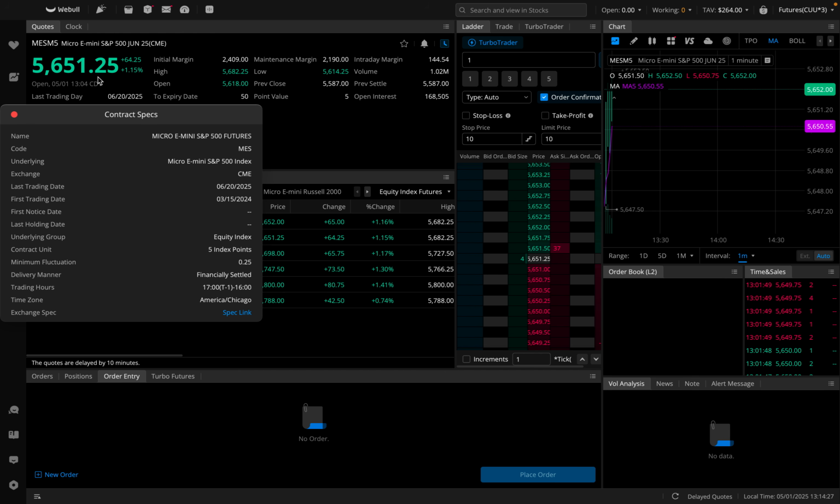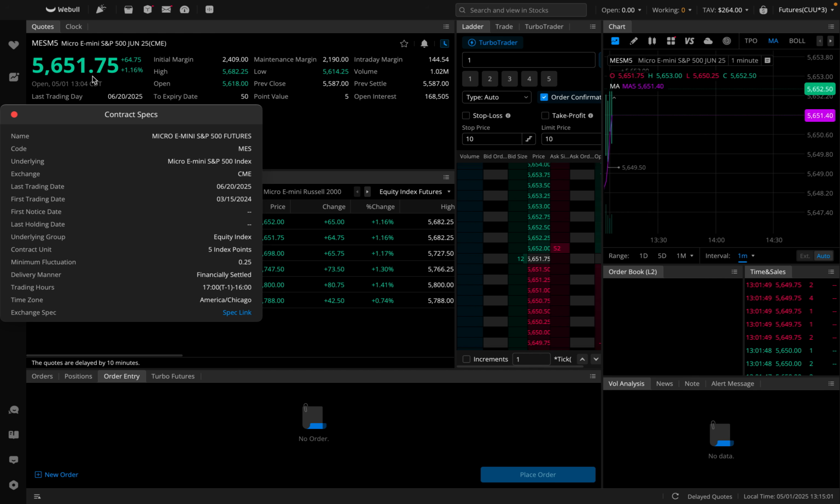That means we would be up $5. If we buy this contract and it drops by 1 point, then I would be down $5. That's very important to know. Now we also see minimum fluctuation, 0.25. What does that mean? This displays the smallest possible price movement that a futures contract can move up or down.